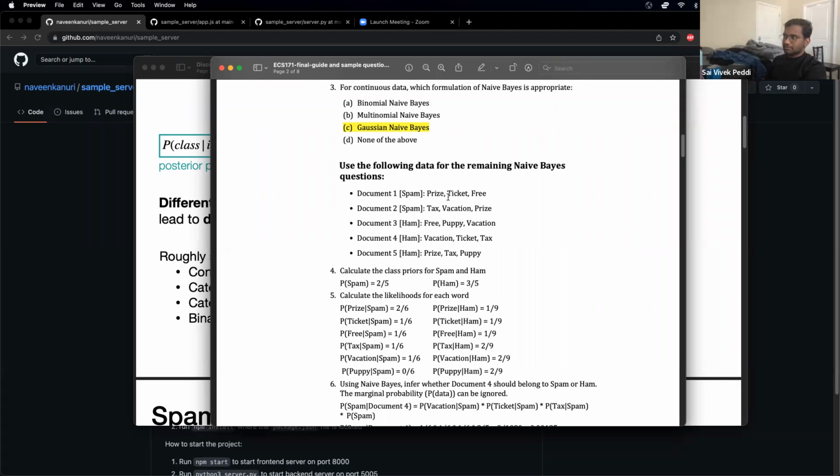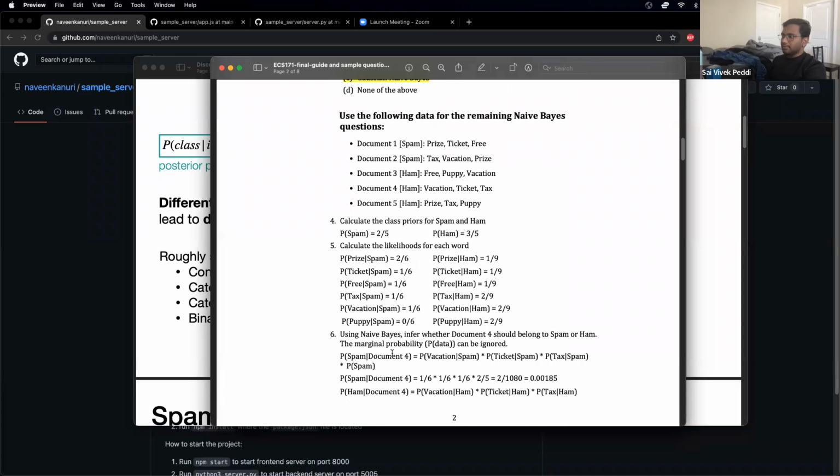Out of these 6, price is repeated two times, so the probability of price given spam is 2 by 6. Similarly, the probability of ticket given spam is 1 by 6, because among all 6 tokens, ticket has occurred only once. Similarly, you can calculate the likelihood for all other words.